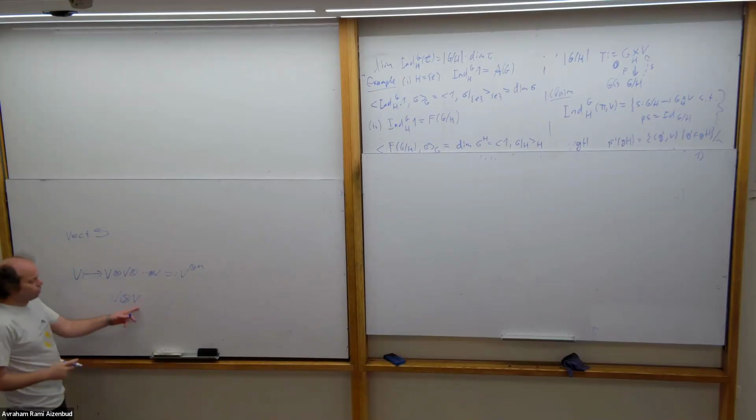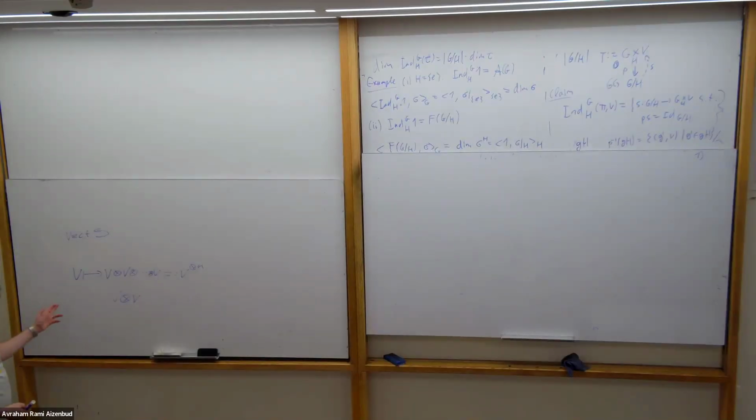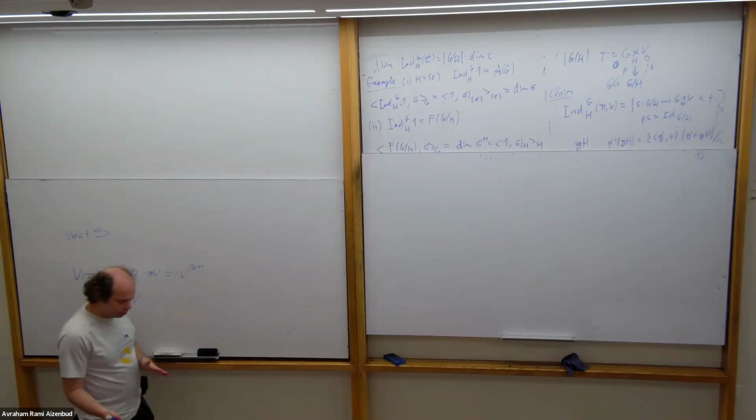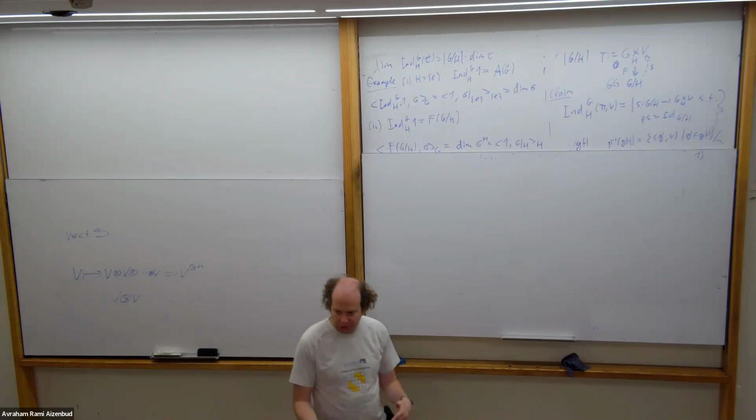Also, one way to think about it, if V is finite dimensional, it's bilinear forms on V star. In bilinear forms, you remember that they are symmetric and antisymmetric.